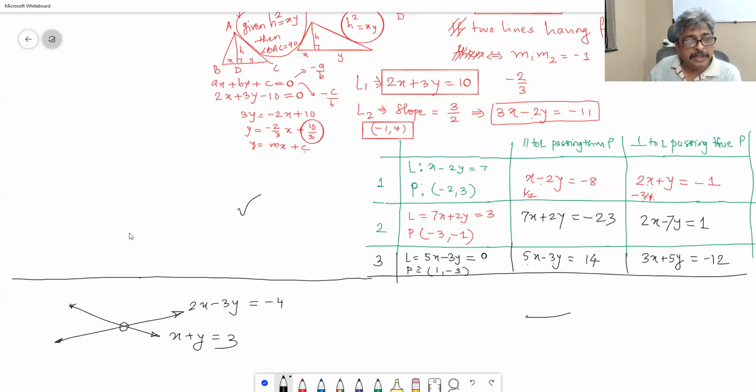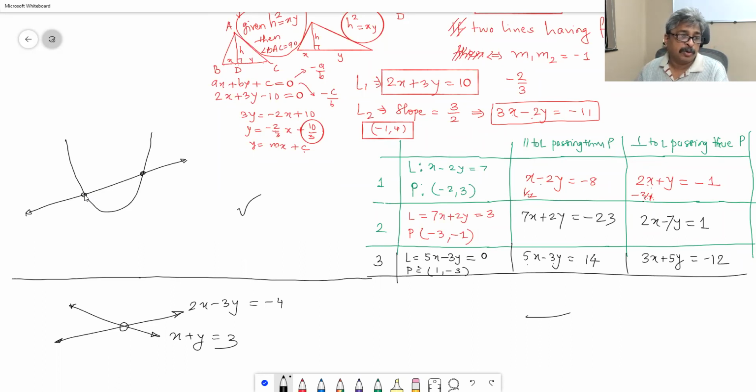Now, geometrically, finding the point of intersection of two straight lines or any two curves. Suppose you have a parabola that is intersected by a straight line. So there are points of intersection.